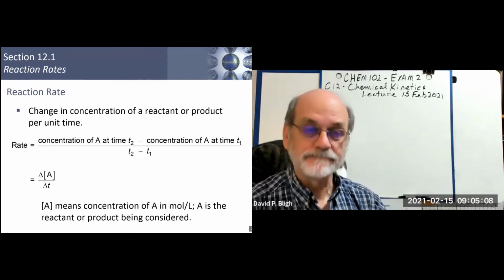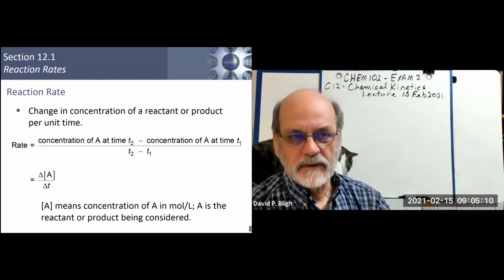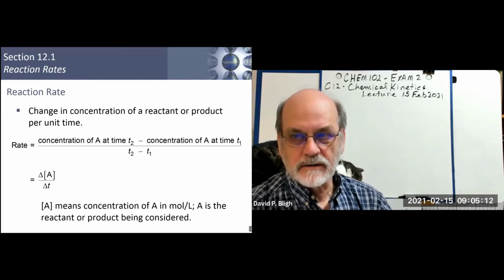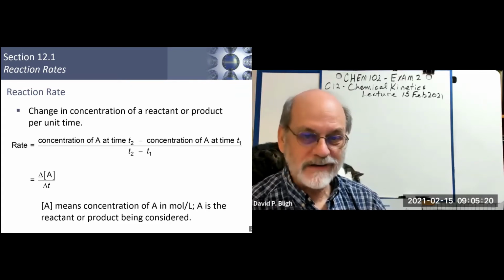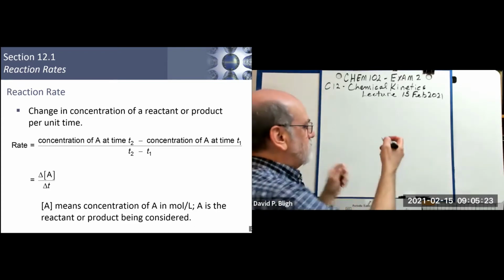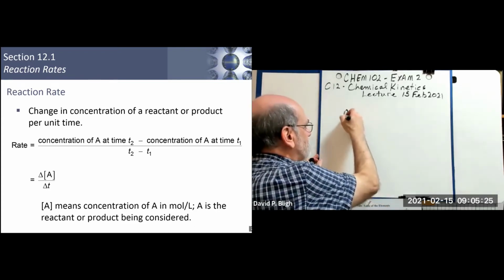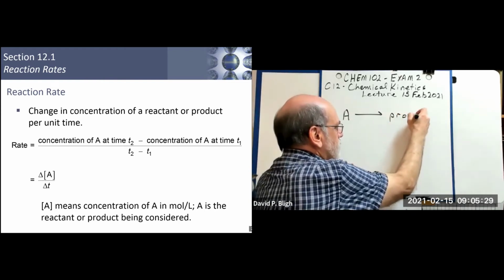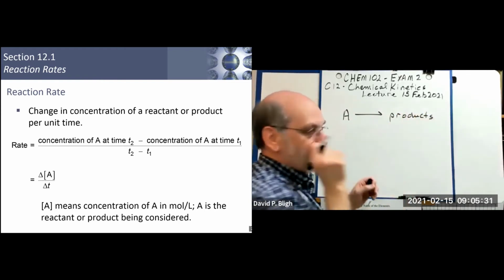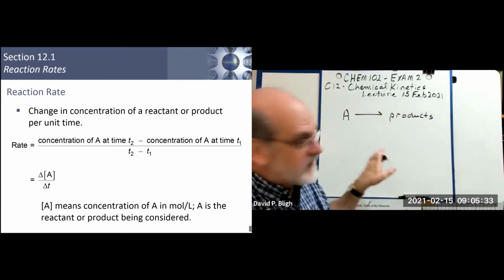And for good reason. Equilibrium is an expression of kinetics as a balancing act. So you have a reaction rate that goes one direction, the products, and we're going to talk about that today.